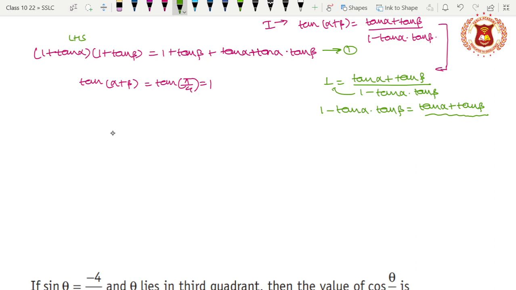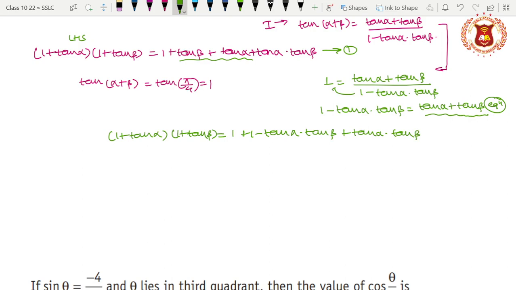This expression I can write as what here?